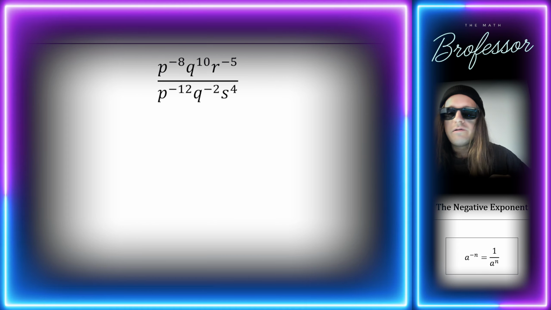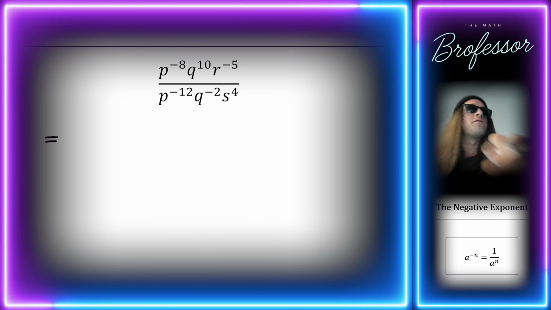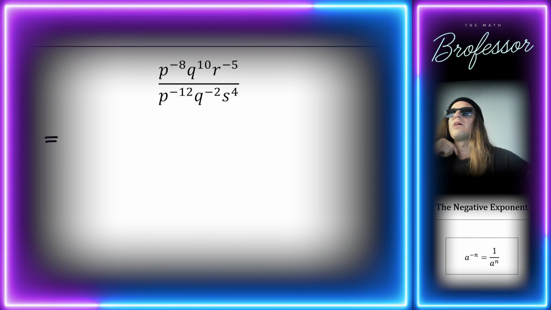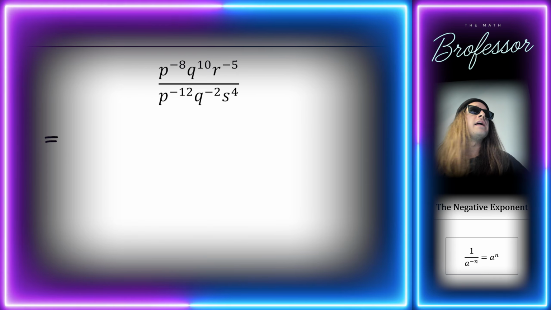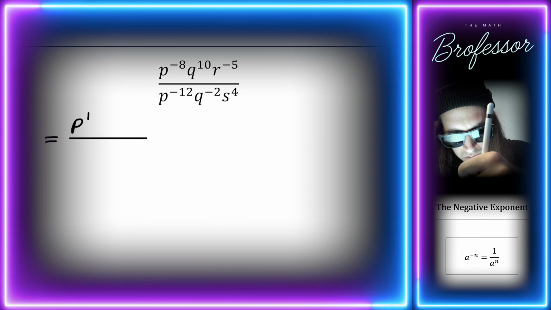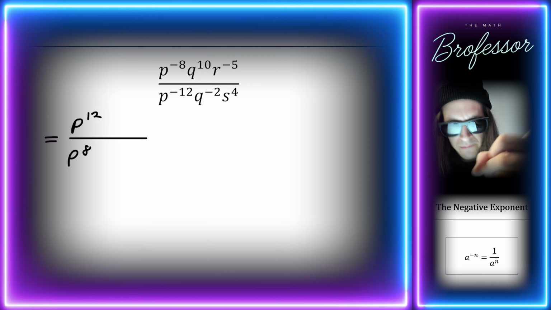First thing you could do here is reciprocate everything that's negative. So first thing I'm going to do here is, oh, there it is. I still have it. Negative exponents. That's what I'm going to do. It just needs to reciprocate. So whichever one, however you see it. The p's will need to switch. The 12 comes up top. The 8 goes to the bottom.